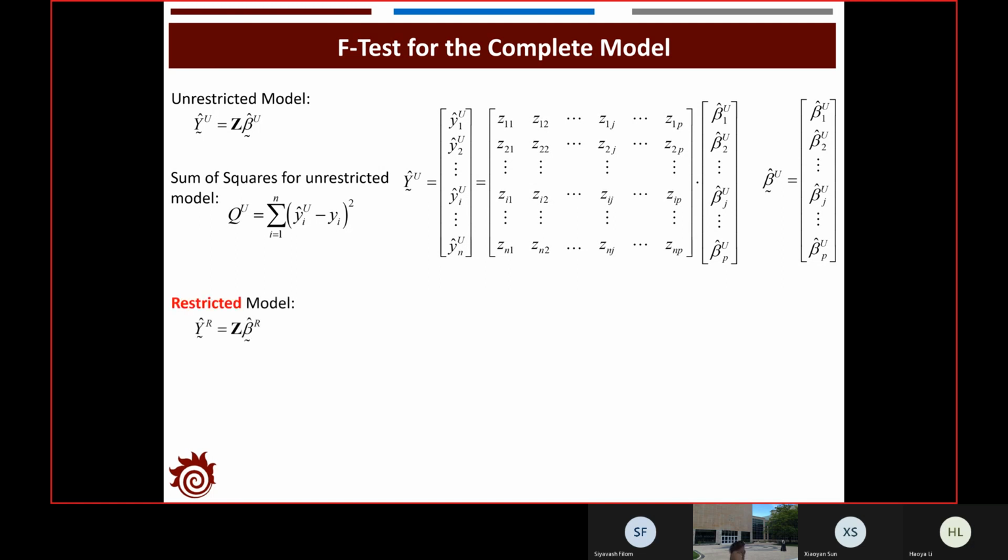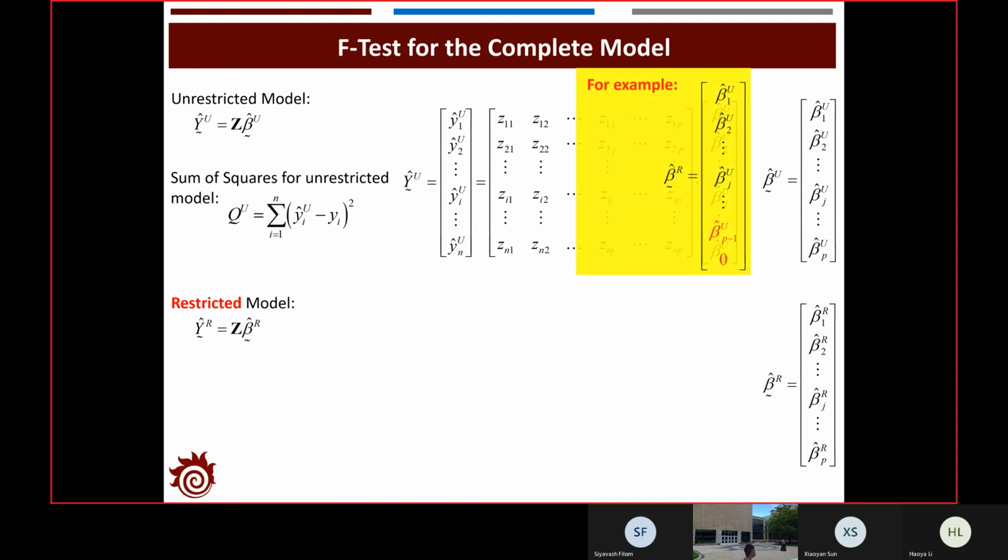Another thing we can do is the restricted model, which means that we take some variables out of the model, or even all the variables. Let's start with the case where we only remove one variable, say variable p. Variable p is not considered in the model, meaning we set beta p as 0.